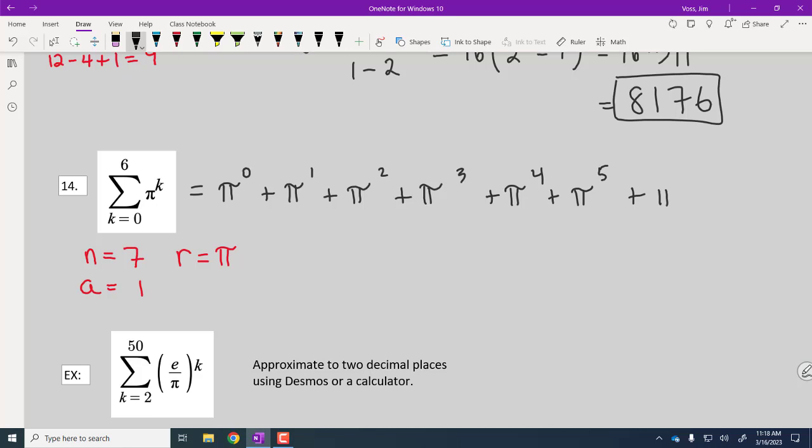And we're going to stop at pi raised to the 6th power. So we're trying to find that sum right there. All right, so this is going to be equal to A times 1 minus r raised to the n divided by 1 minus r. We have that.